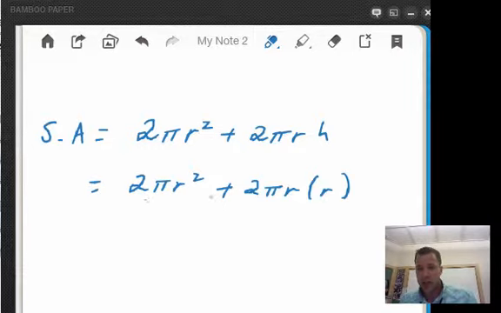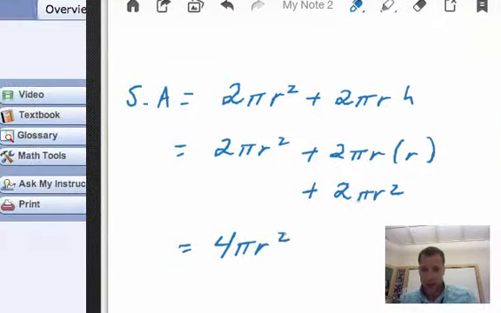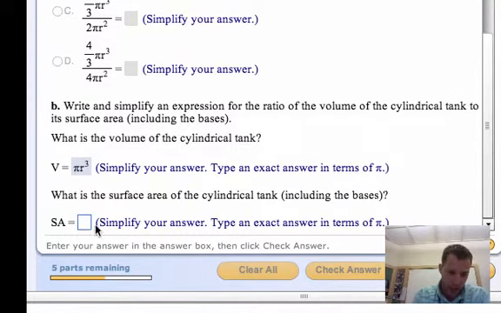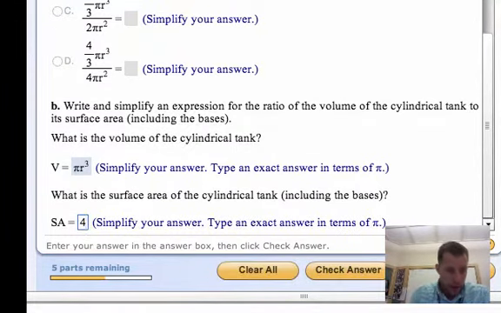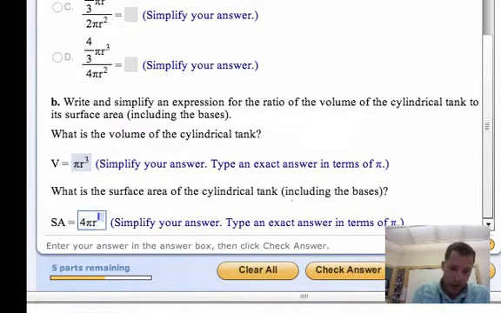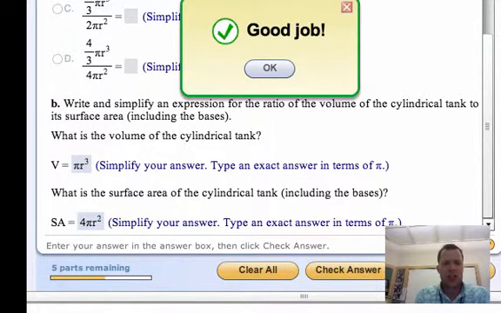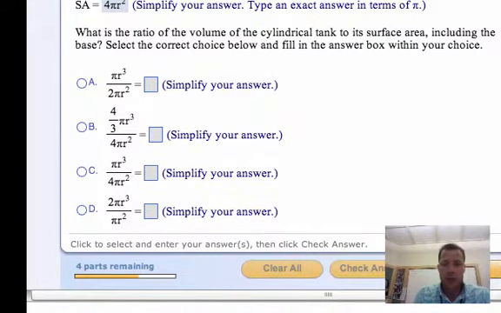And notice you get 2 pi r squared plus 2 pi r squared, which gives us, Mr. S, pardon? 2 pi r squared and 2 pi r squared gives us 4 pi r squared. Thank you very much. So 4 pi r squared. Now we're back to typing 4 pi r squared. Good job. Excelente.